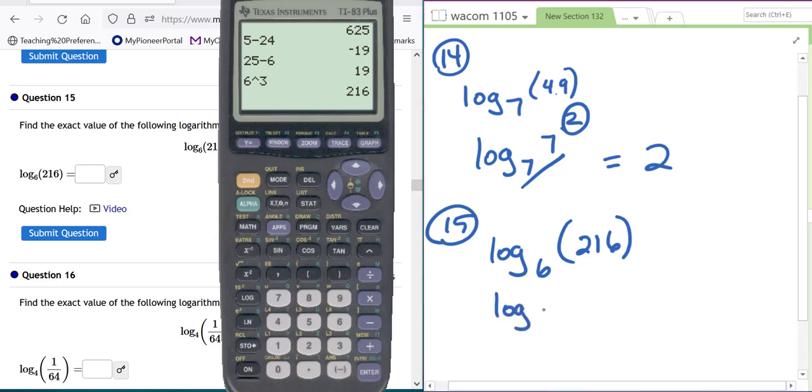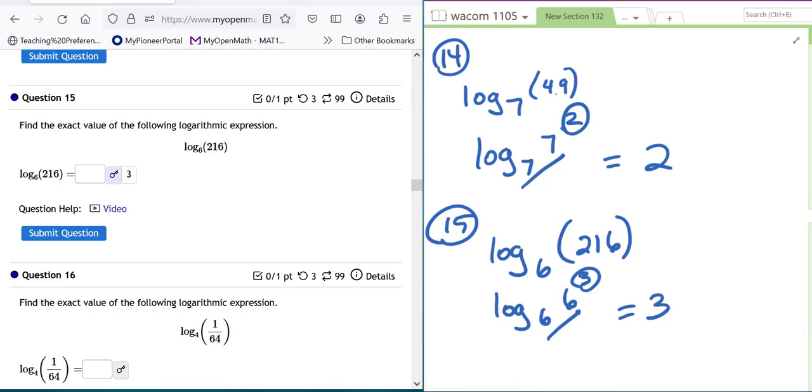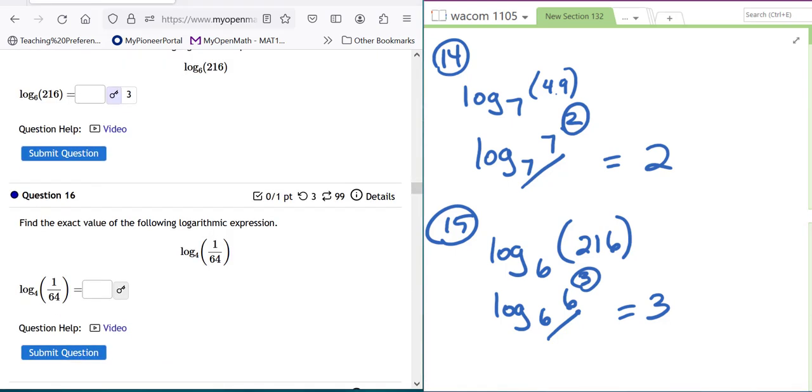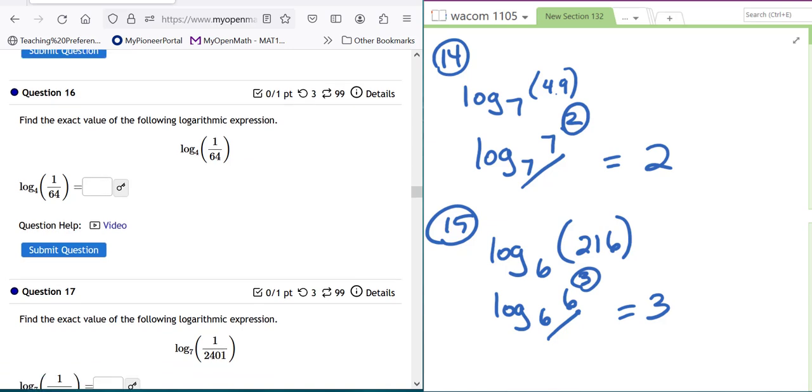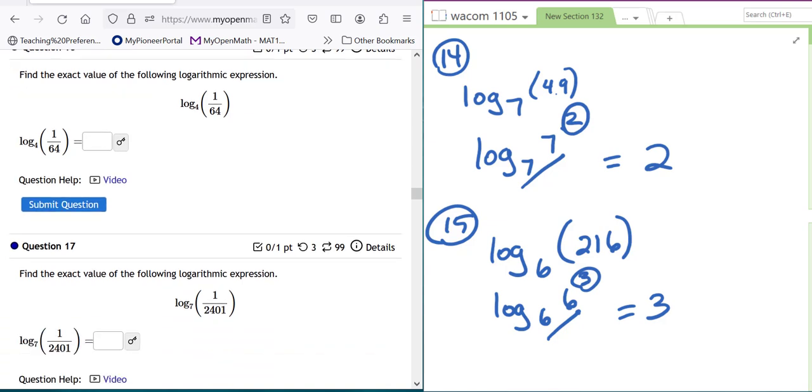So log of 6 to the third. There you go. Those are the same. The answer is 3. So that's your goal. These are like little puzzles. All right. When you have a fraction, it's going to be a negative power.